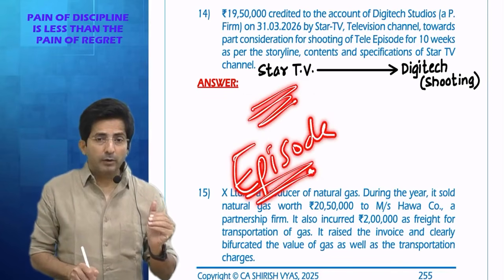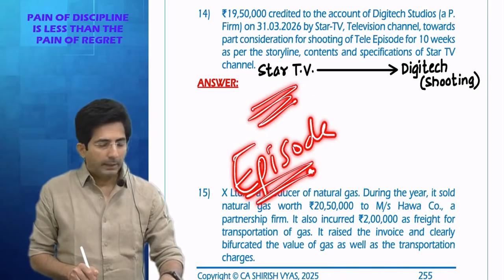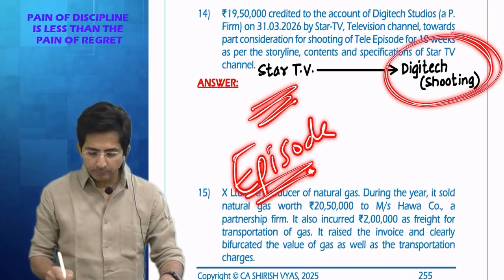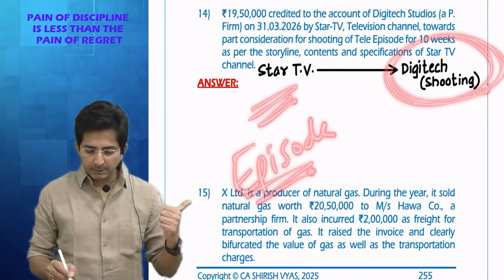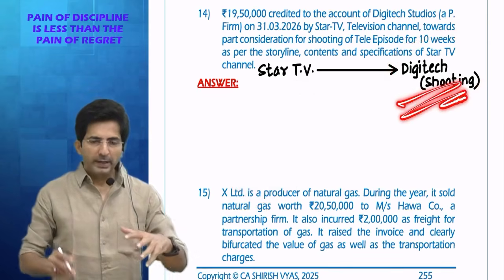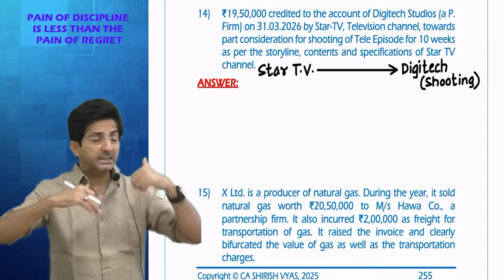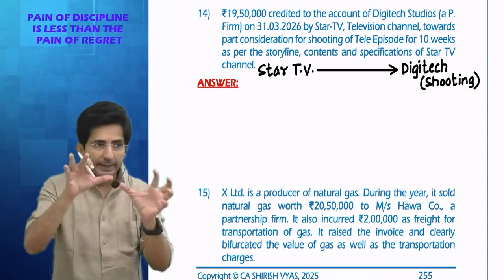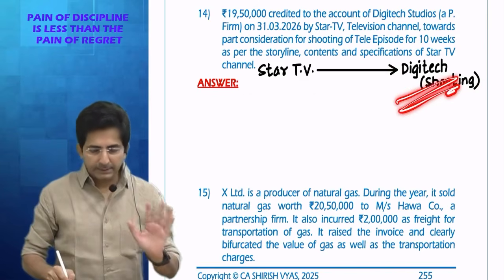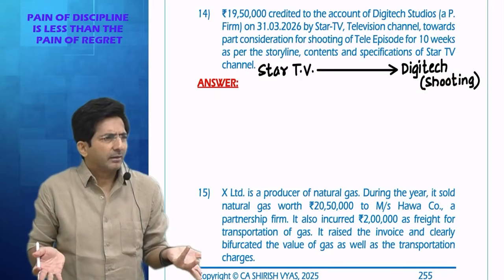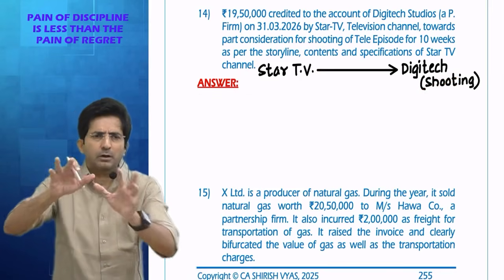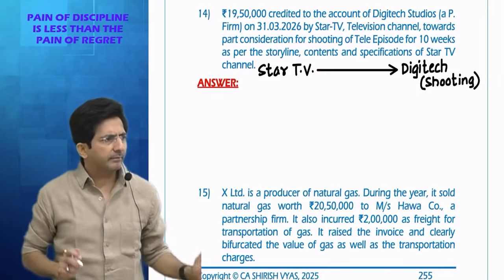which Star TV wanted to get shot, and the shooting was done in a studio, and the studio's name is Digitech. In the question, Digitech is a studio where there is a facility of camera and green screen, where shooting can be done. So Digitech is a place where shooting is done, and Star TV is a channel where the episode which is shot will be displayed on the TV.